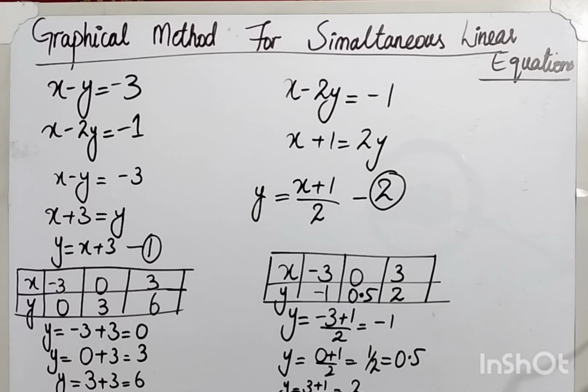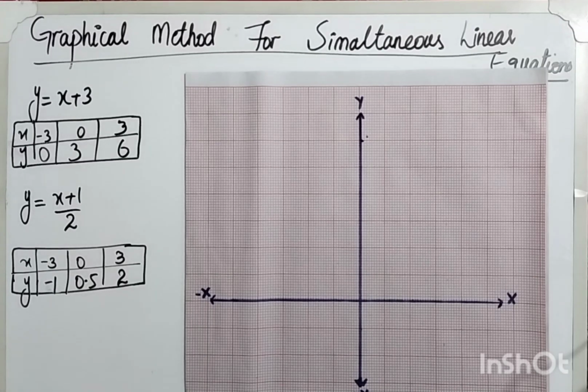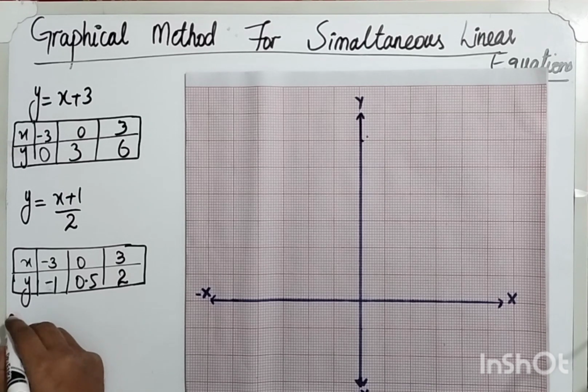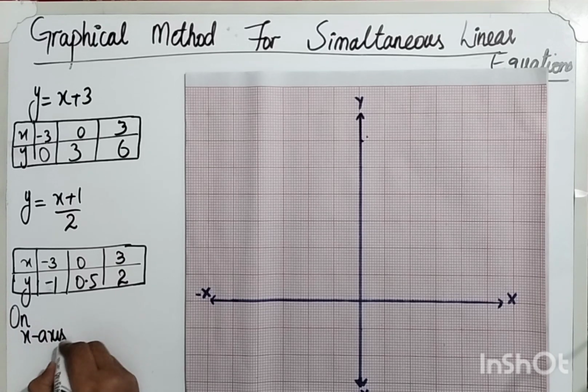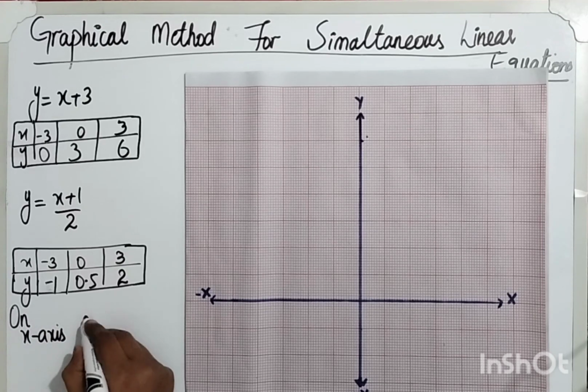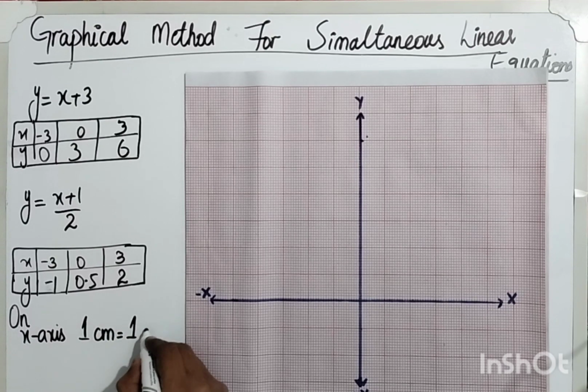Now we are going to plot the graph of these two simultaneous equations, and for that the grid is given as this one. First of all, I'm going to write the scale. On the x-axis, I'm taking 1 centimeter, that is one big block, as 1 unit.